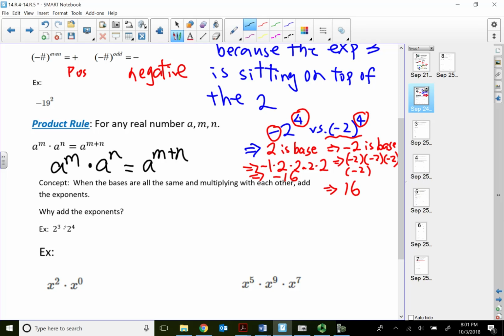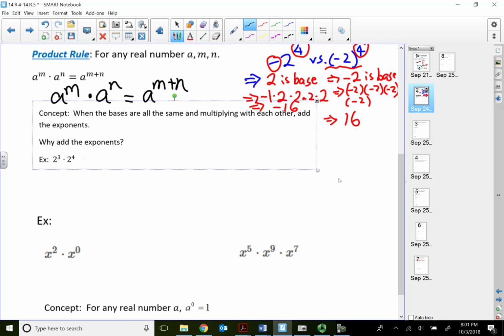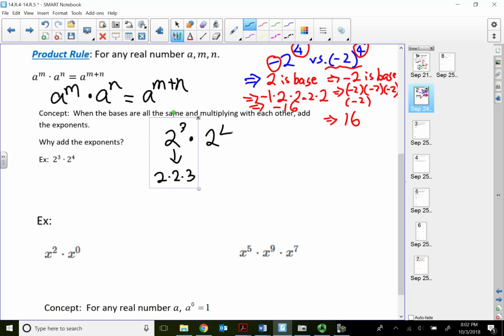So why do we add them? Here I wrote an example that is a little too small, so I'm going to write it here. Why do we add the exponents? Look at this: 2 to the third means 2 times itself 3 times, times another 2 to the fourth. 2 to the fourth power means 2 times itself 4 more times.